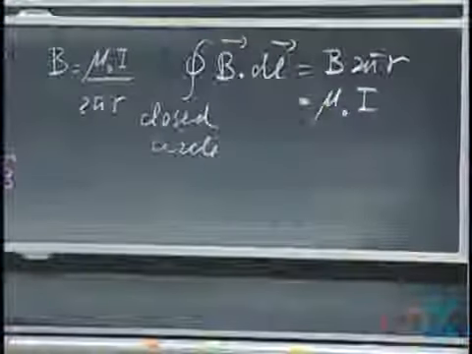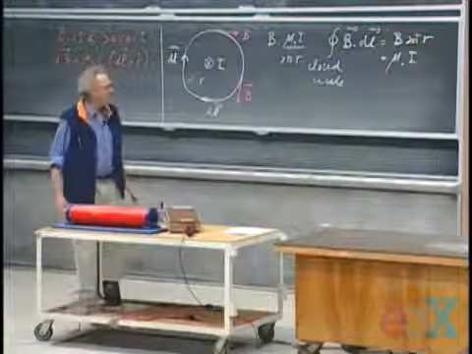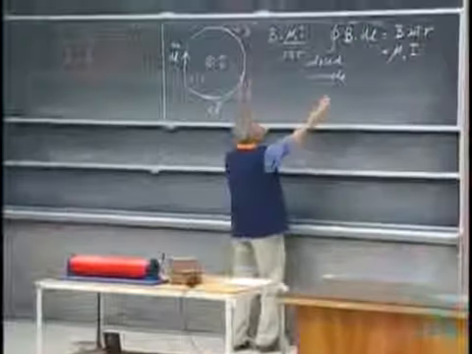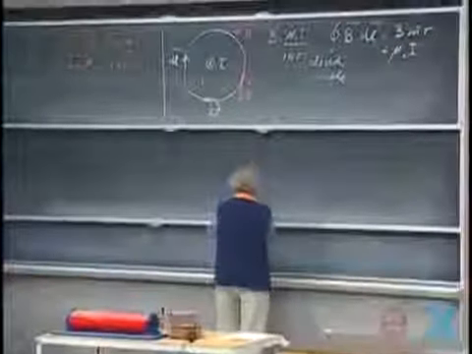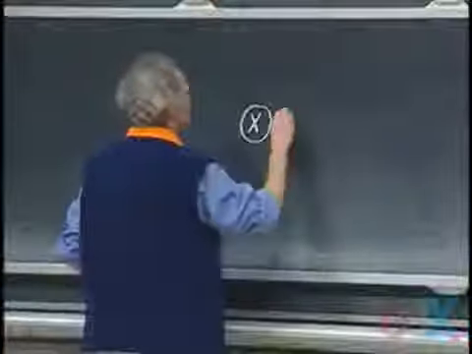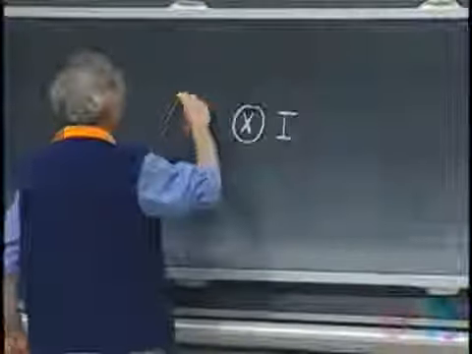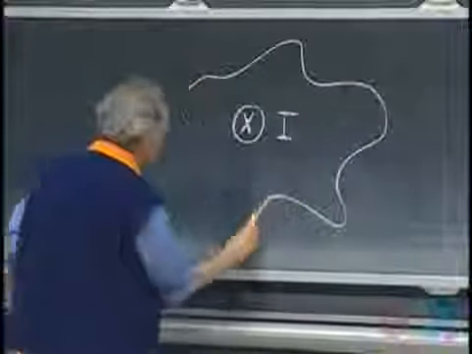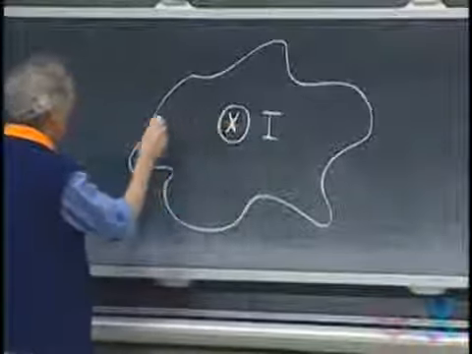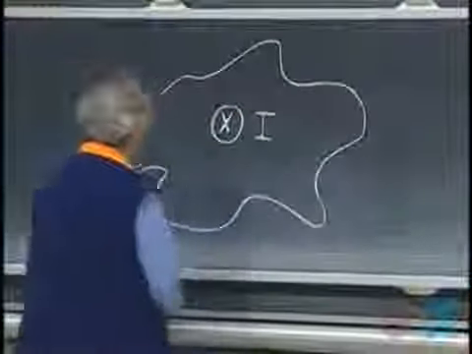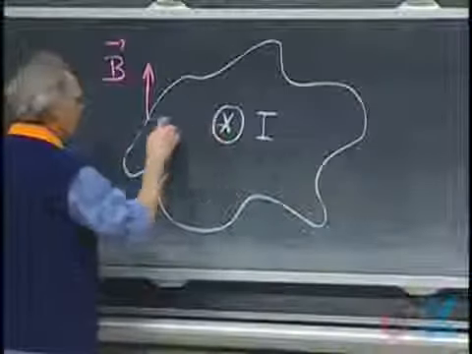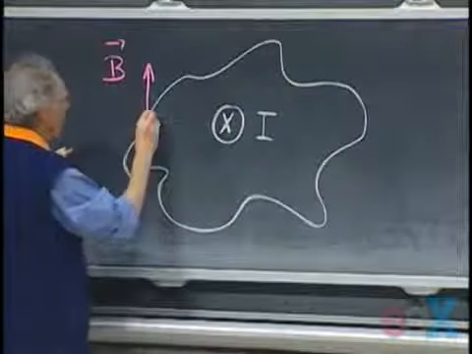And it was Ampere who first recognized that you don't have to walk around in a circle to get the answer mu zero I, but that you could walk around in any crooked path, as long as it is a closed path, something like this. Here you have the local B, which of course is perpendicular to this radius, and here you have your local dl.